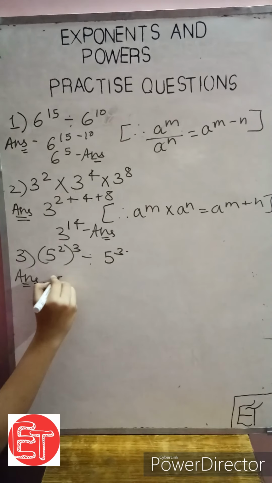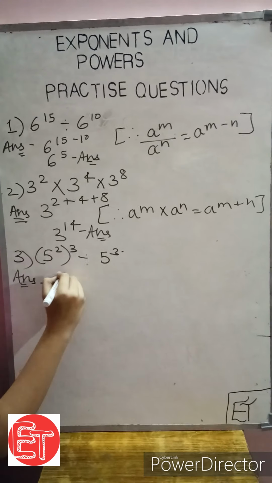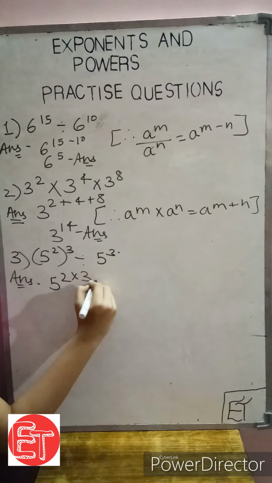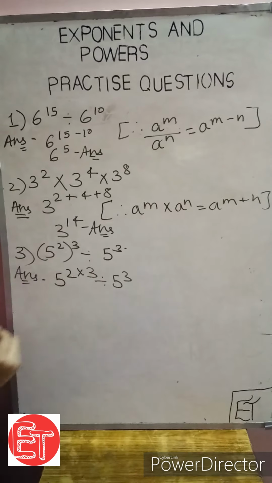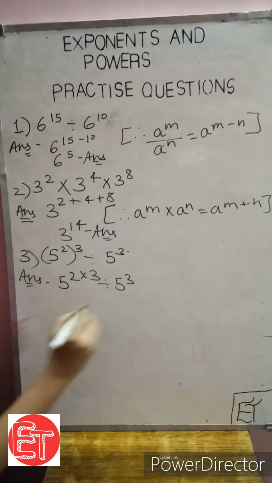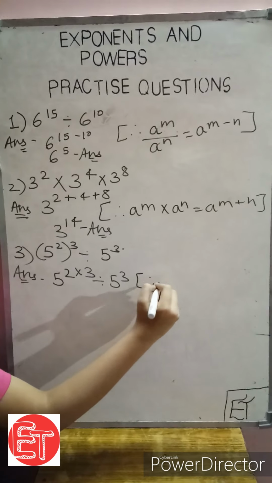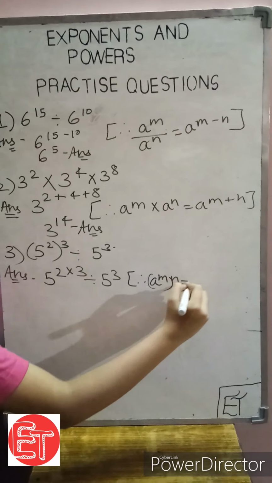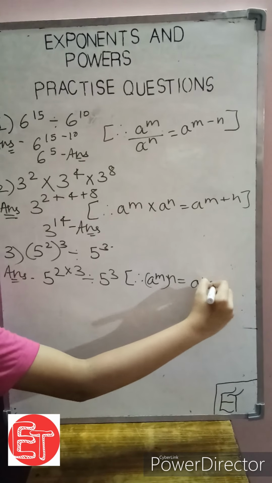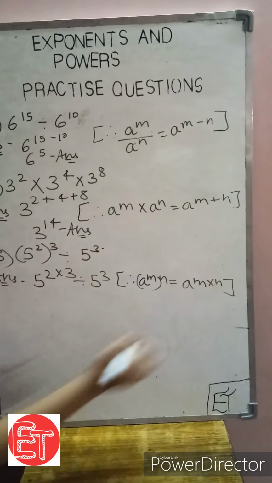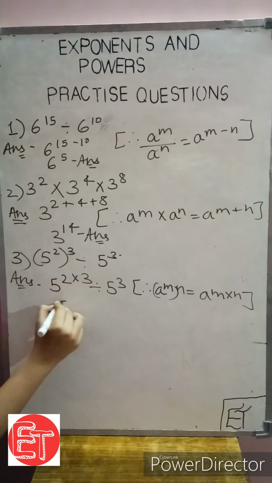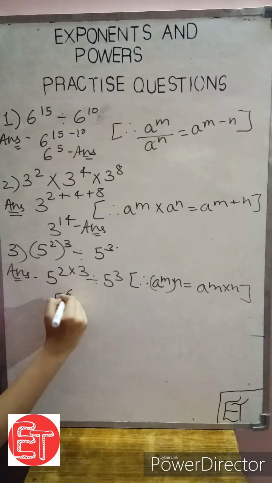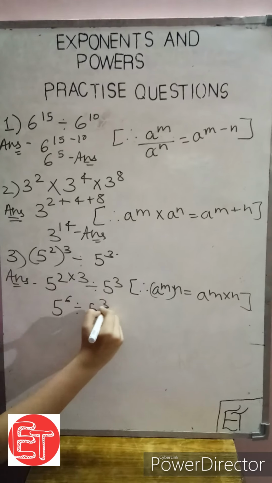So for this, 2 into 3 divided by 5 raised to the power 3. Why did I multiply? Because of the law that says a raised to the power m bracket n will give the result a raised to the power m into n. So 2 3s are 6 divided by 5 raised to the power 3.